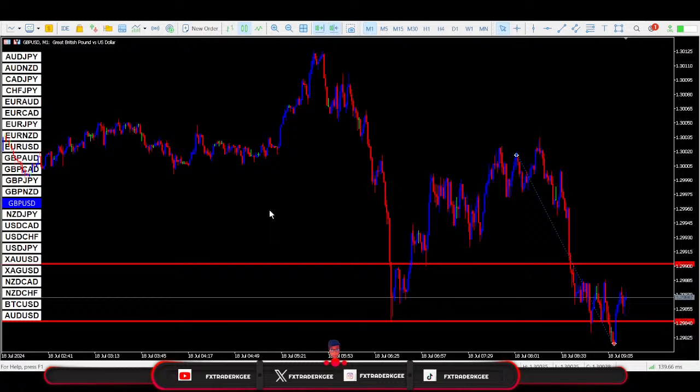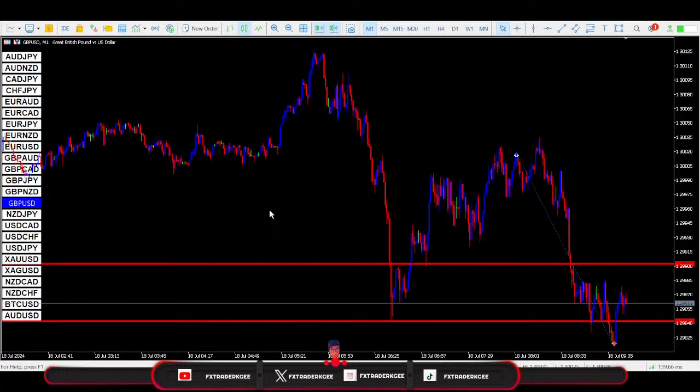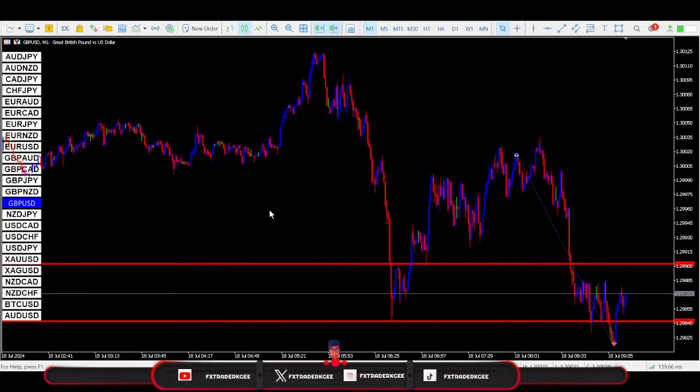The forex market just wants to tell you that it's in charge, it's in control. Sometimes it does that, but it's still very good. Since the beginning of the month of July, this is the second loss that I've had.